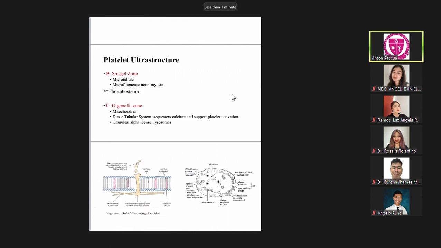So, these granules, again, will be released once your platelets are active so that it can facilitate then the formation of a clot. Because without these granules, your platelets will be non-functional. So, kailangan mo yung granules na yan so that you can allow your platelets to later on do their job in producing or in forming rather a clot.